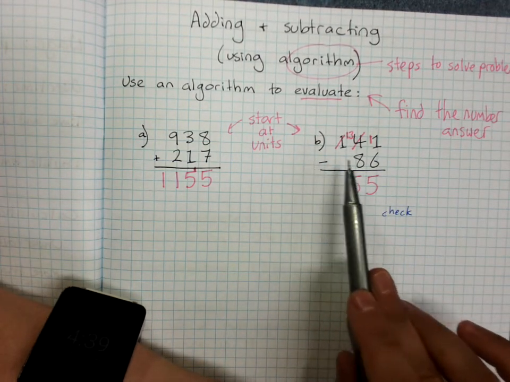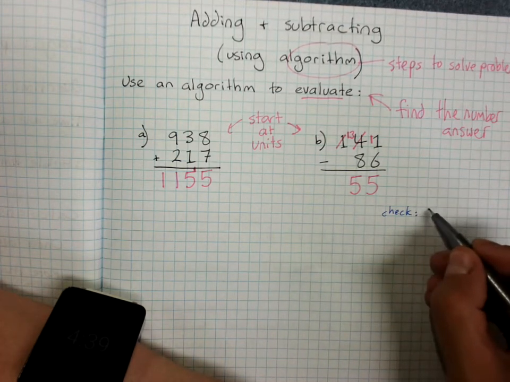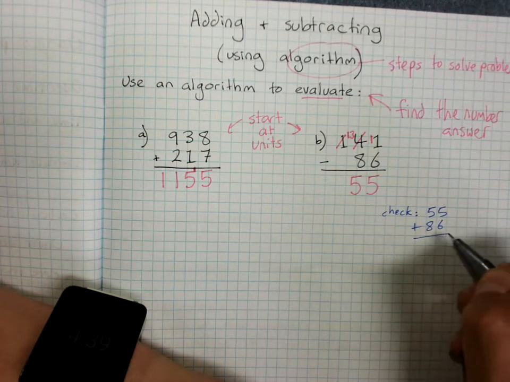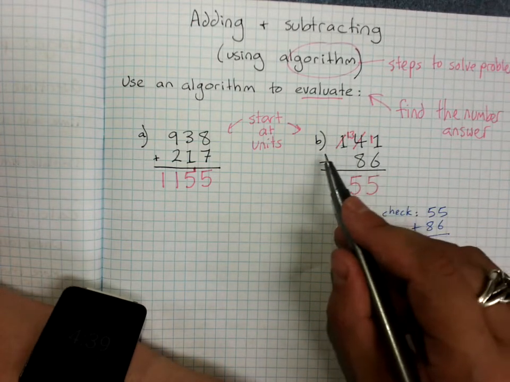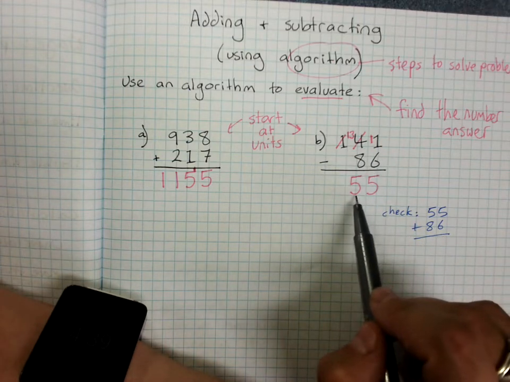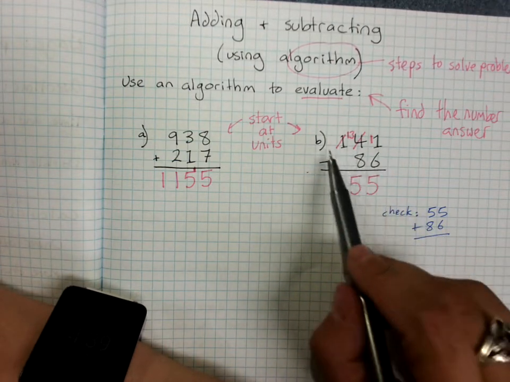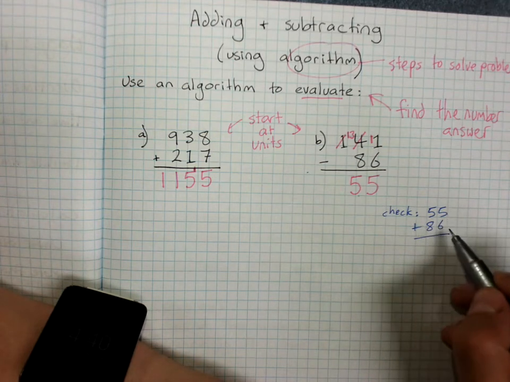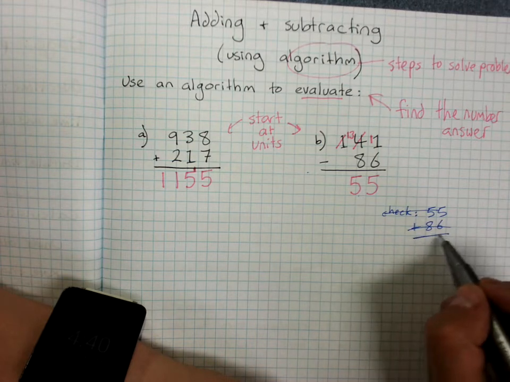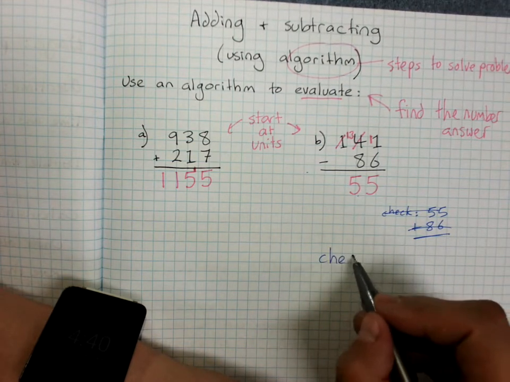This was minus, let's make it plus. 55 plus 86 should work out back to 141 if we got that right. If this minus this gives us that, then that plus that has to add up to this one. 5 plus 6, I'll write that a little bit bigger for you so you can see what I'm doing more easily. Check.